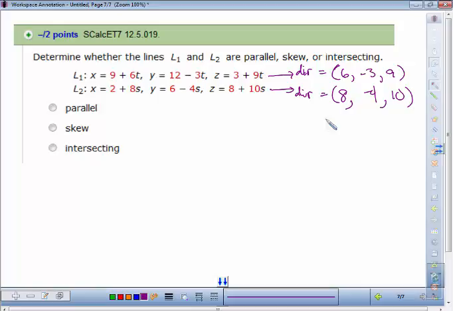So what you could do is you could put 6, negative 3, 9 equal to some scalar times 8, negative 4, and 10. And that scalar doesn't have to be here. It could be on the other side.